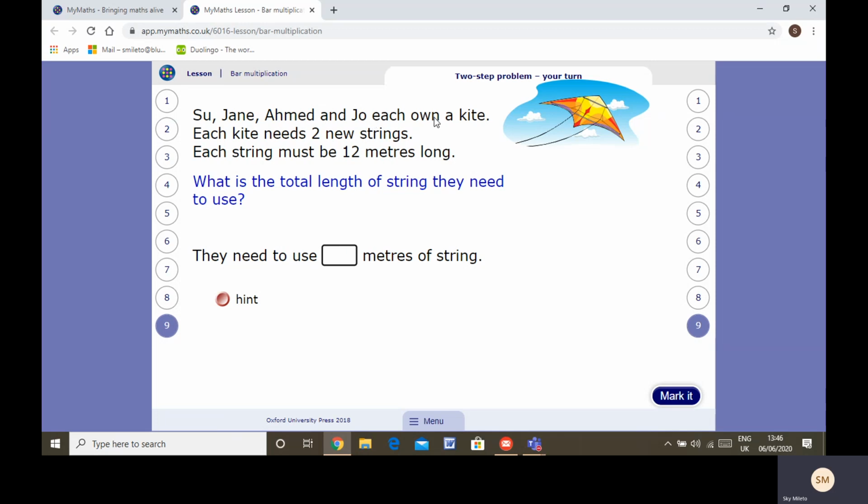So we've got 4 kites and each has 2 strings. So our first calculation is 4 times 2, which would be 8. And then we would do 8 times 12, because each string is 12 meters long. And 8 times 12 is 96, okay?